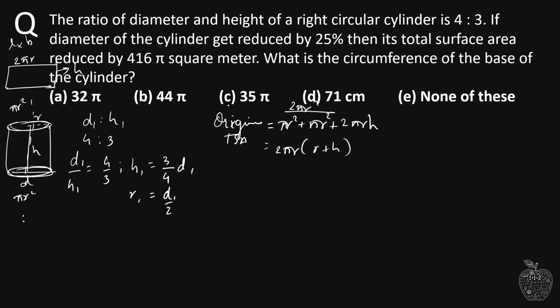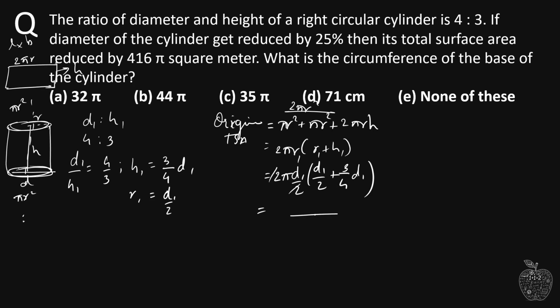Now we are talking about the original cylinder, so let's write r1 and h1 here. Let's substitute the values of r1 and h1. So we get 2 pi, r1 is d1 by 2, into d1 by 2 plus h1, which is 3/4 d1. So 2 gets cancelled.